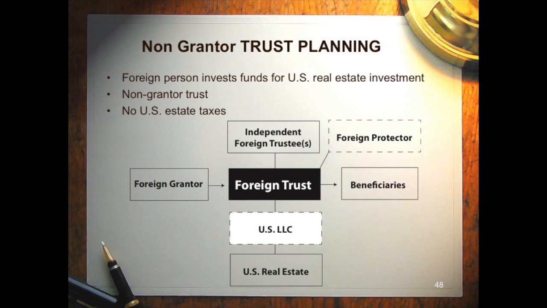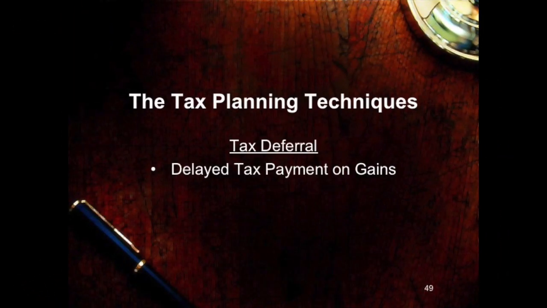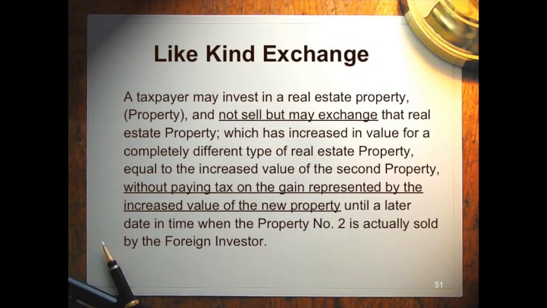The next planning tax technique, and this is only available pertaining to real estate assets for both the American taxpayer and the foreign investor, is what we call a like-kind exchange, a technique that allows a taxpayer to pay taxes on gains far into the future, so long as the taxpayer continues to invest in real estate.